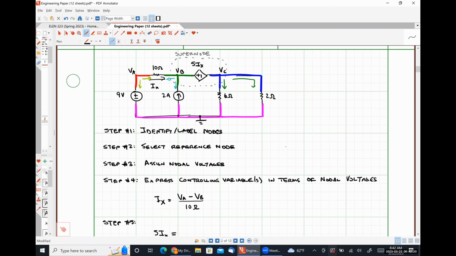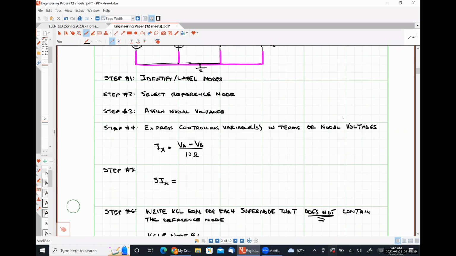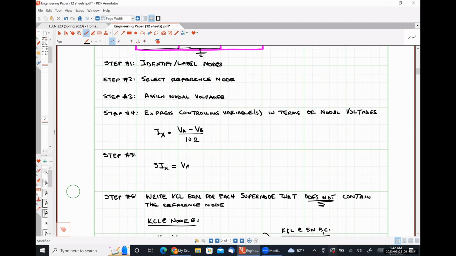What's the nodal voltage at the positive polarity terminal? VB. What's the nodal voltage at the negative polarity terminal? There's our other relationship. For every voltage source in our circuit, we are going to have a voltage relationship equation.